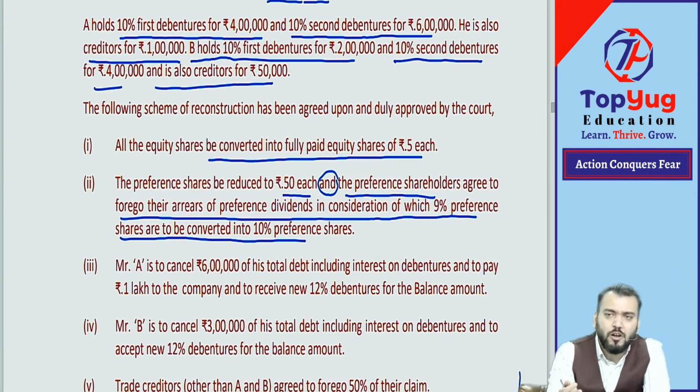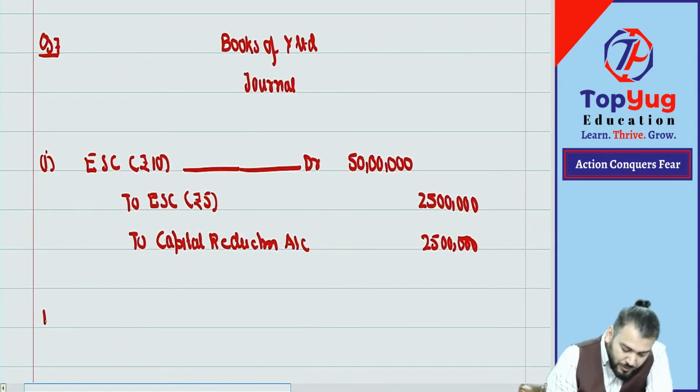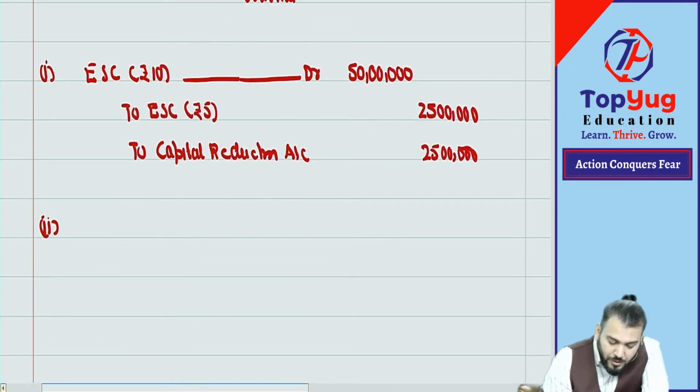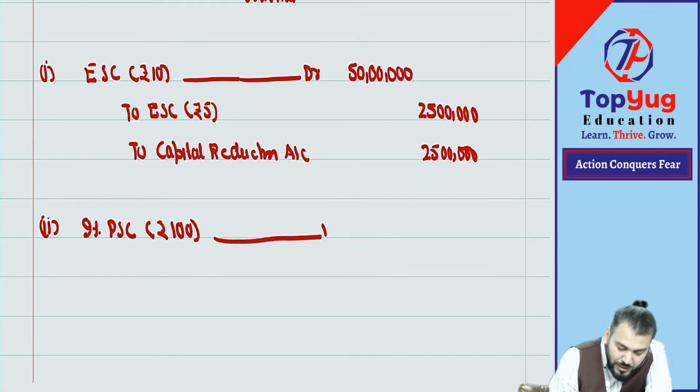So we can do one compound journal entry. Old preference shares will now become new preference shares, so point number 2 will be completed in one journal entry. What is the old preference share? 9% preference share capital of rupees 100 each account debit. What is the amount? 20 lakh.